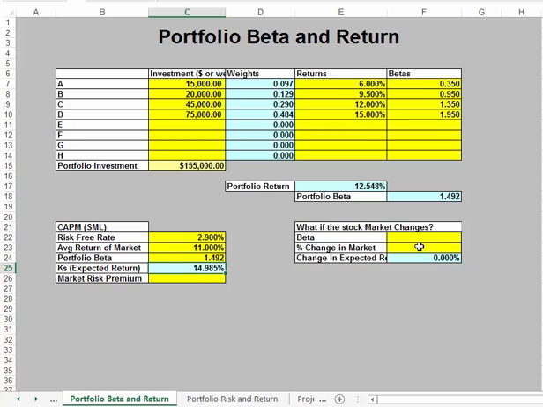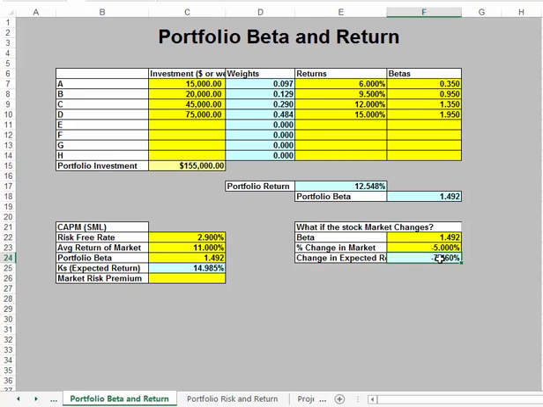Another thing that we can do is look at what will happen to this portfolio if the stock market changes. So if we plug in the beta of this portfolio, we can say, what if the stock market goes down by 1%? We would expect that the portfolio would lose 1.492%. So it's going to move up and down based on the portfolio. What if we expected a 5% drop, a big drop in the stock market?